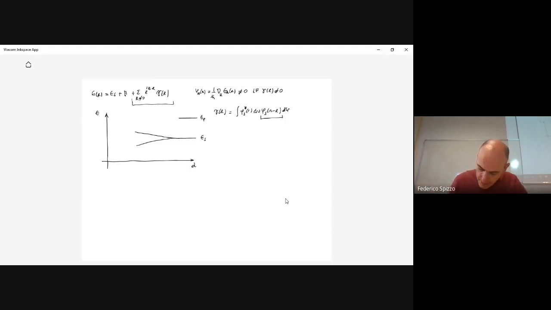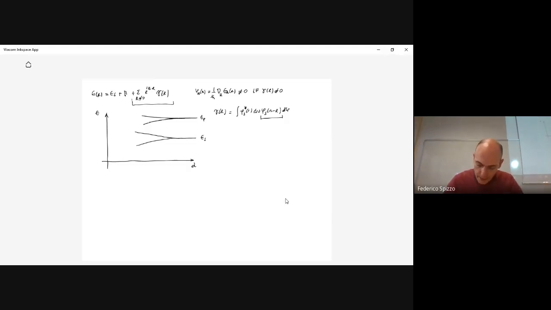And the same happens, for instance, to other atomic levels that start to overlap when you decrease the distance between the ions.